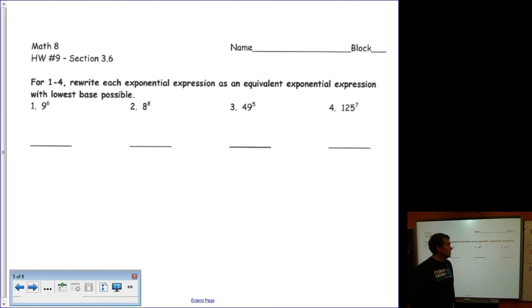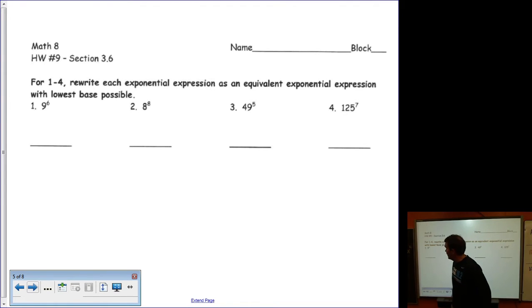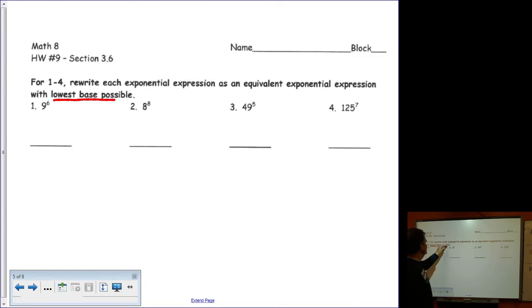Okay, so let me start on the first one, and I'll explain each one. Here we are trying to write an equivalent expression with the lowest base possible. So all of these need to be a perfect square or perfect cube if you're going to rewrite it with a lower base.